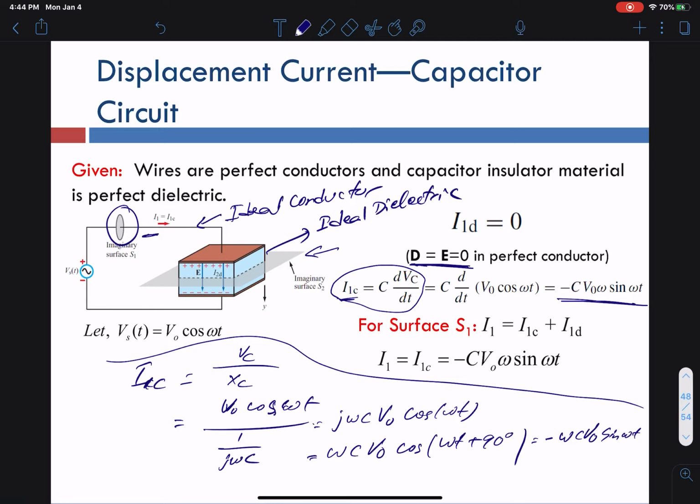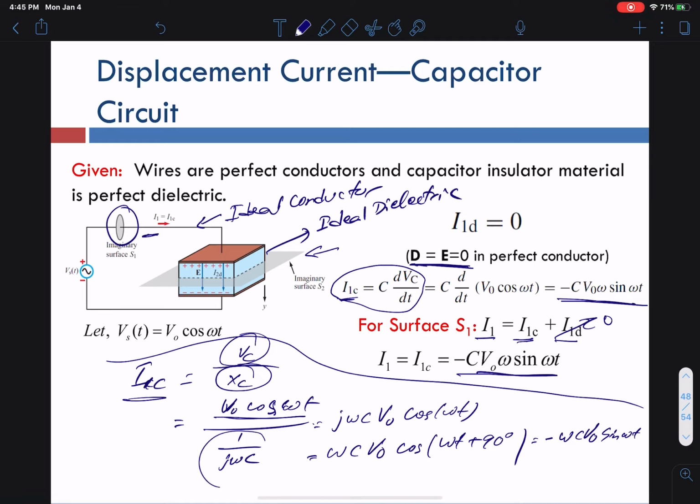So for the surface S1, your current has IC1 and ID1. ID1 is 0, so you have only IC1, that's I1. You can also see it from the circuitry: VC over XC will give you IC1, because that's the same current coming from here. VC is the same voltage as the source voltage because nothing is in between, and with an ideal conductor there's no drop there.